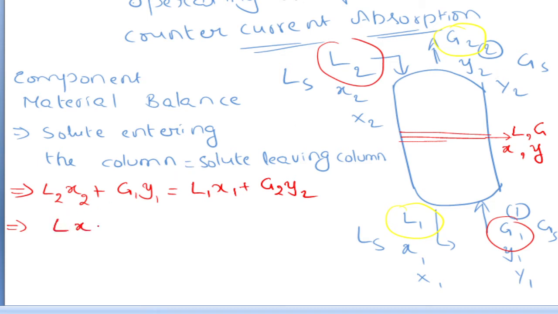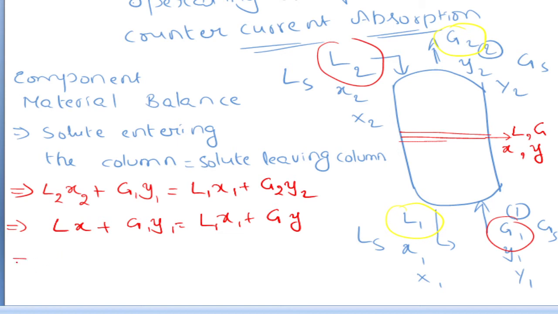So L into X plus G1 into Y1 is equal to L1 into X1 plus G into Y. Just instead of assuming position 2, I am assuming some arbitrary position, where the compositions are X and Y and the flow rates are L and G.